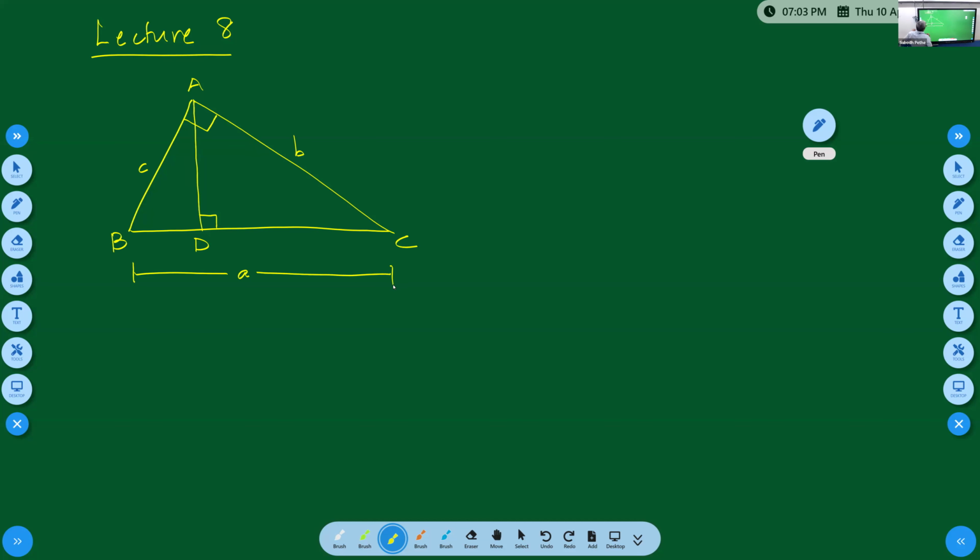Let us call this distance BD as x and DC as y. So x plus y is a. And this is the height of the triangle, h.